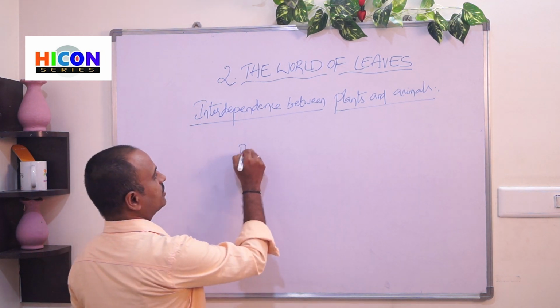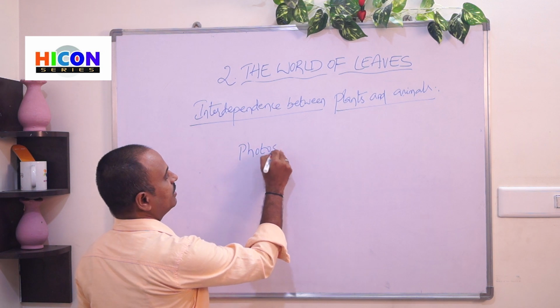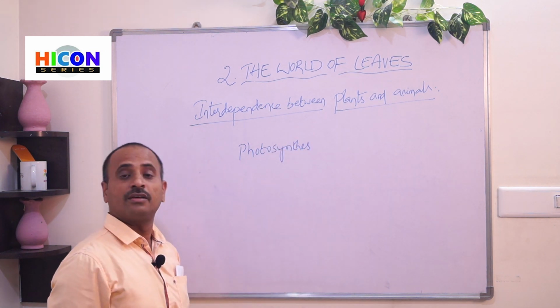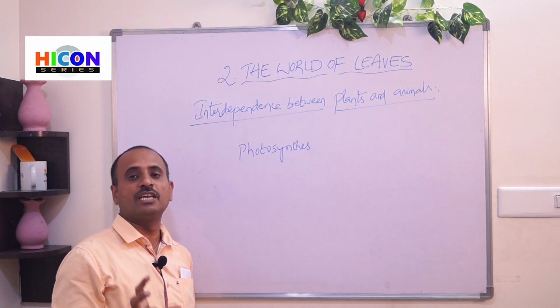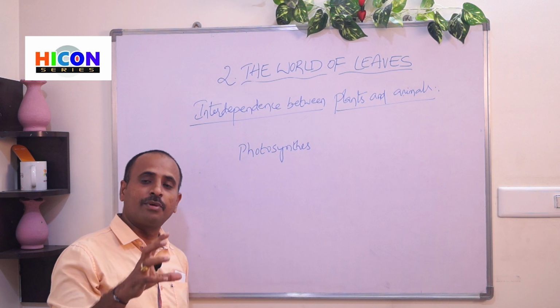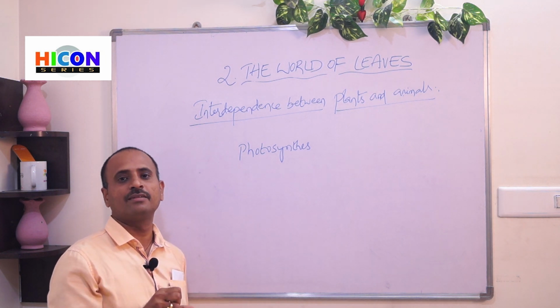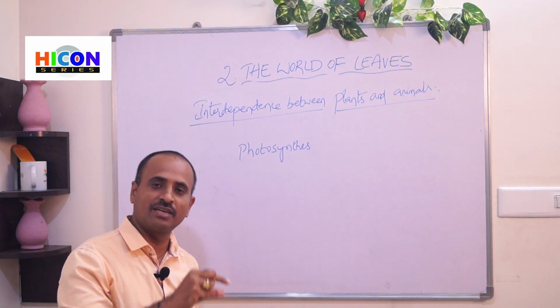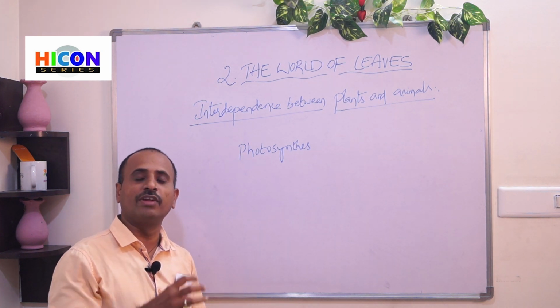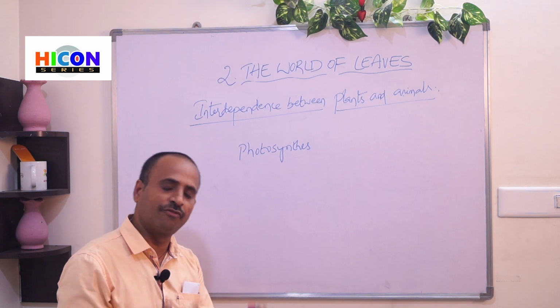During photosynthesis, the leaves prepare their food. That means they combine the water, minerals and carbon dioxide present in the air, and in the presence of sunlight, these are converted into food.